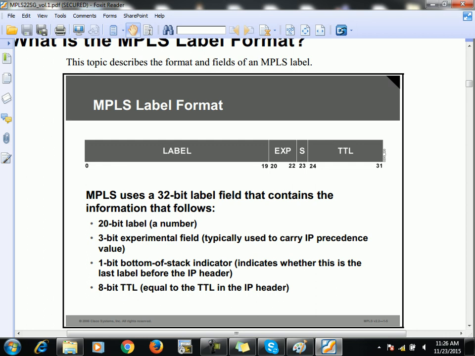Of course it must have this information: whether this is the last label and then the IP header will start, or there are some more labels after this label, because it can have a label stack. That's why its name is bottom of stack bit. Bottom label in a group of labels, the last label in a group of labels. So it will tell that.